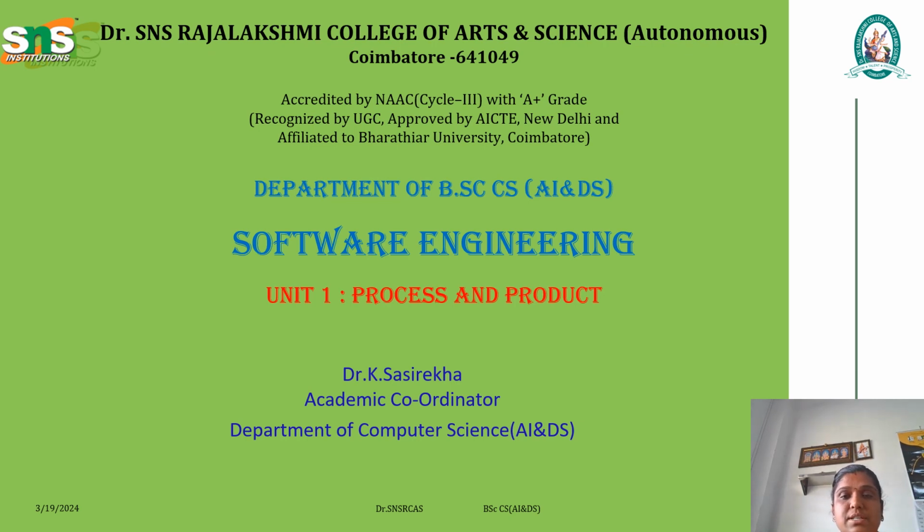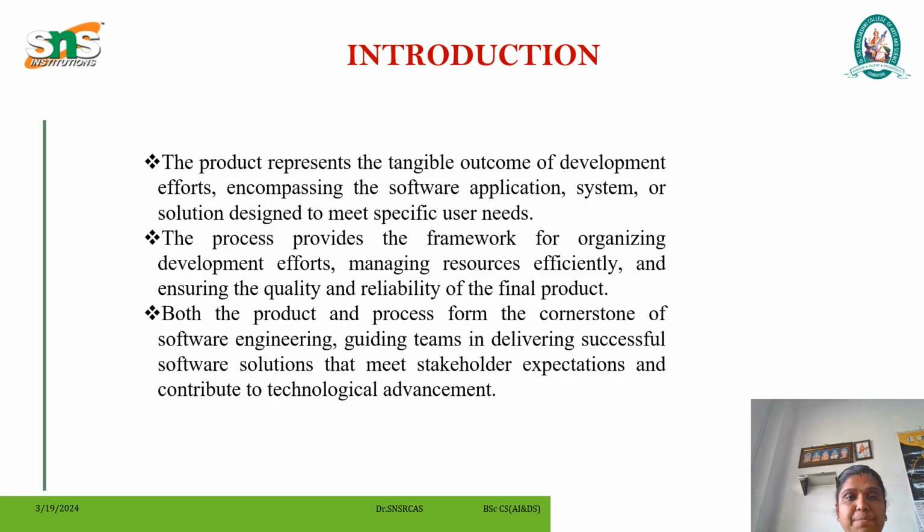Today let us discuss the process and product concepts in software engineering. So, introduction. The product represents the tangible outcome of the development efforts, encompassing the software application, system or solution designed to meet specific user needs.